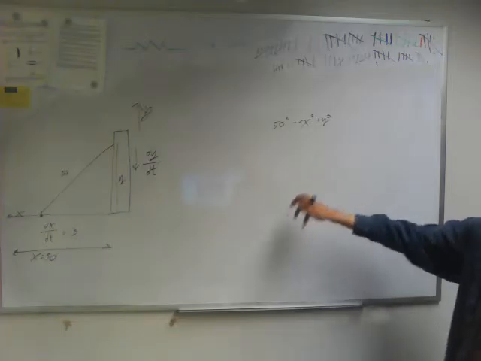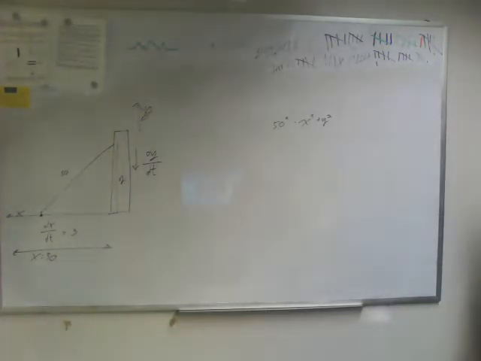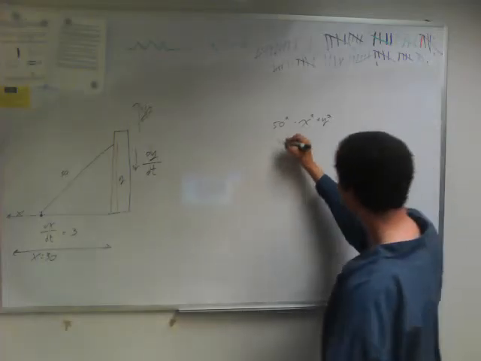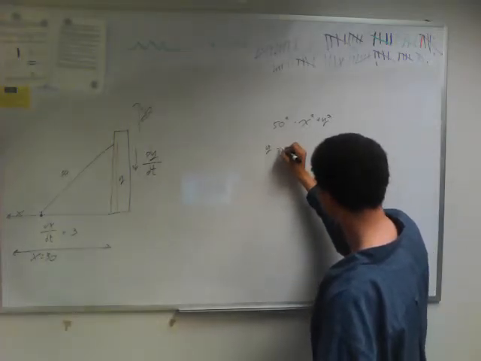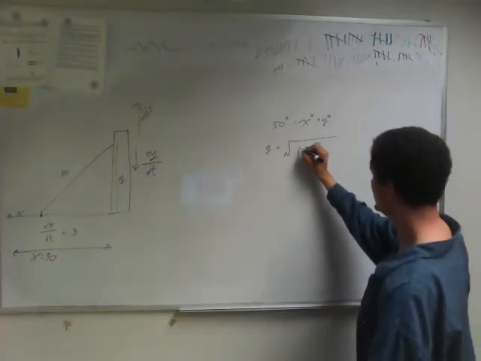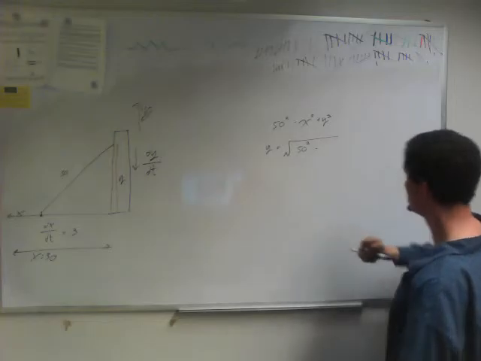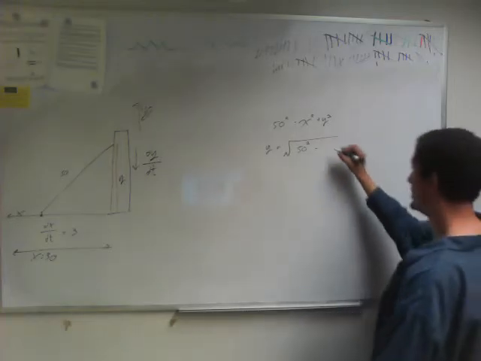Let's solve. So we want to find dy by dt. So let's just solve this for y. So y is going to be equal to the square root of 50 squared, whatever that is, minus x squared.